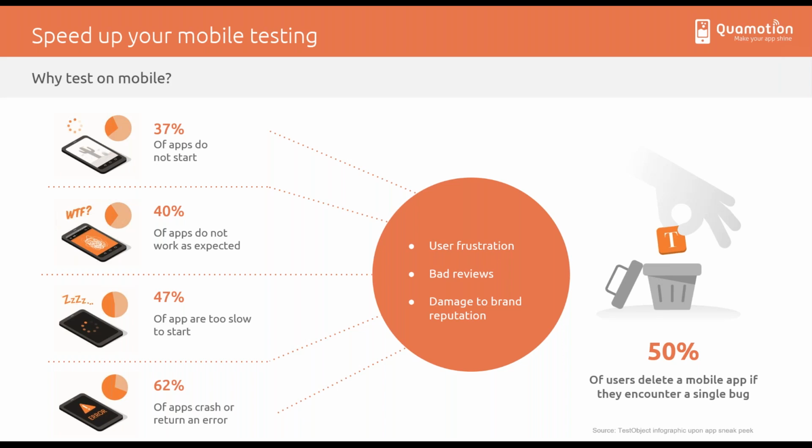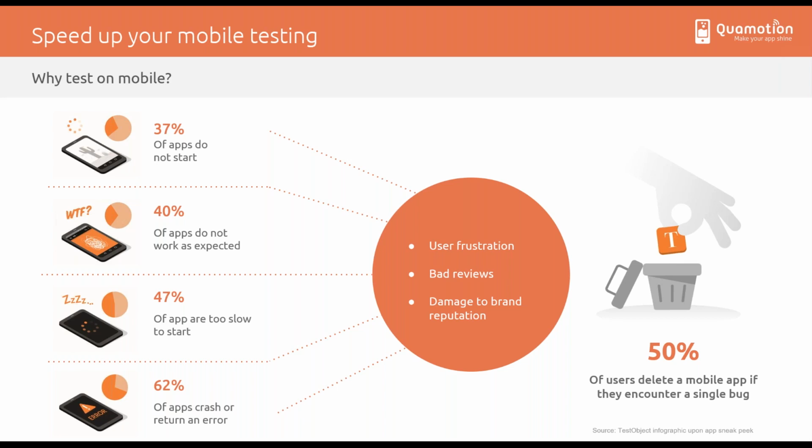That means you've just lost all the revenue related to that user. For Android devices in particular, a lot of issues are related to device fragmentation. There are a lot of different versions of Android and lots of different device configurations, and you need to make sure that your application works correctly on all of them.